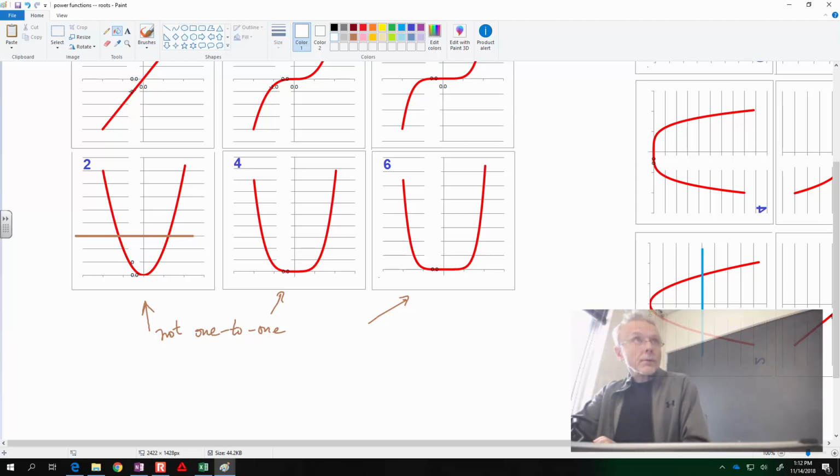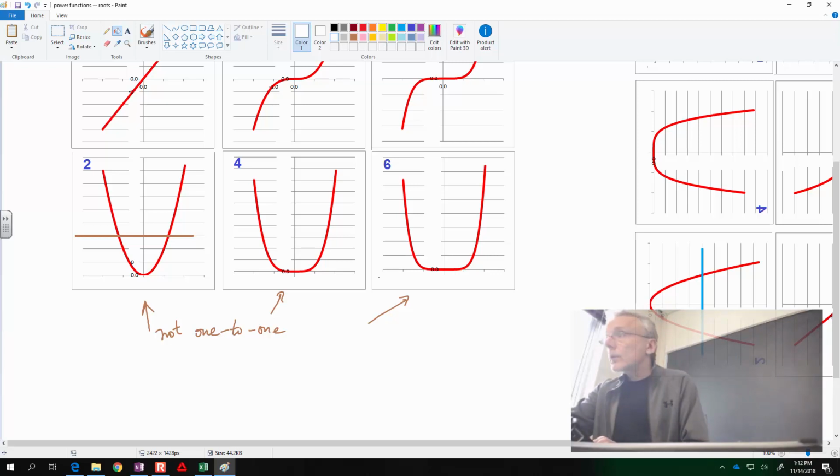Just throw out half of it. As simple as that. So one of the branches, usually the left, the negative branch, is thrown out, and then the other one becomes 1 to 1, and it is invertible then, and you invert it.